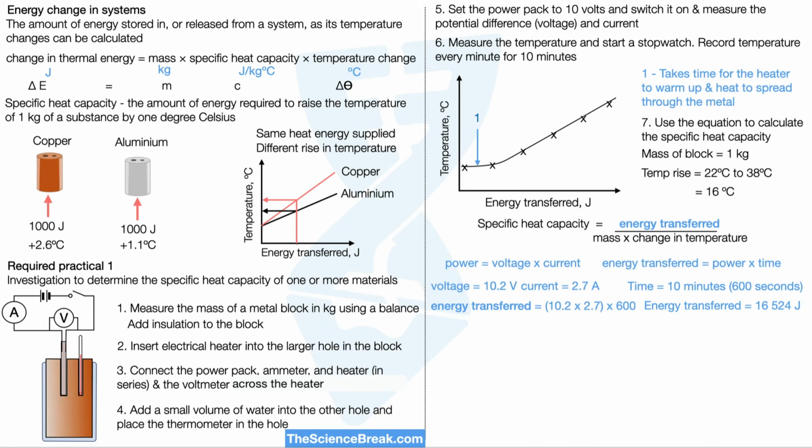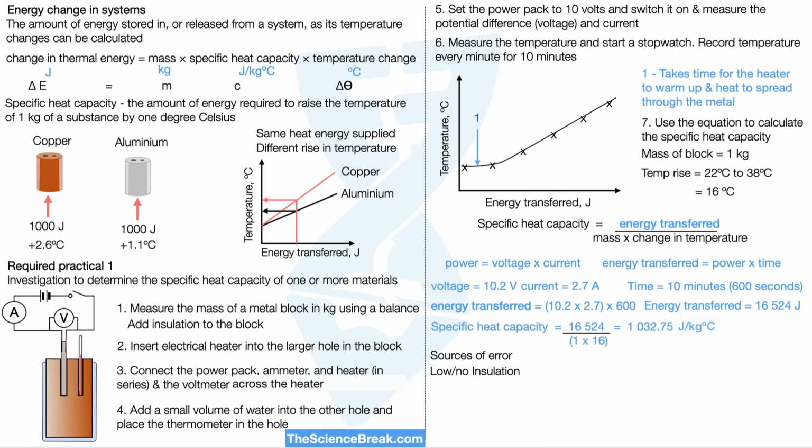But if you do, that's how you do it. So therefore, the specific heat capacity is 16,524 divided by 1 times 16. This gives us 1032.75 joules per kilogram degrees Celsius.